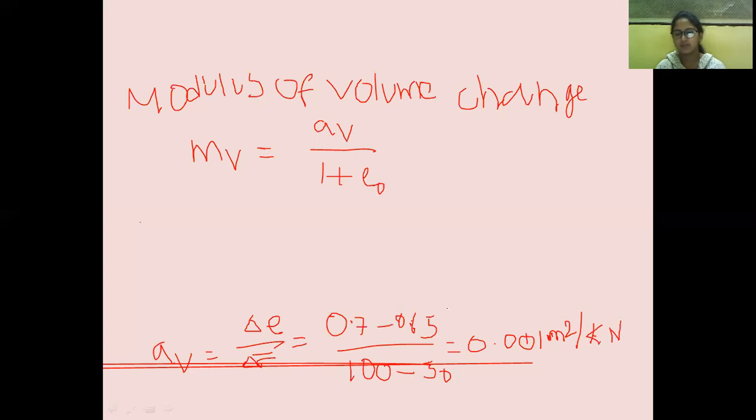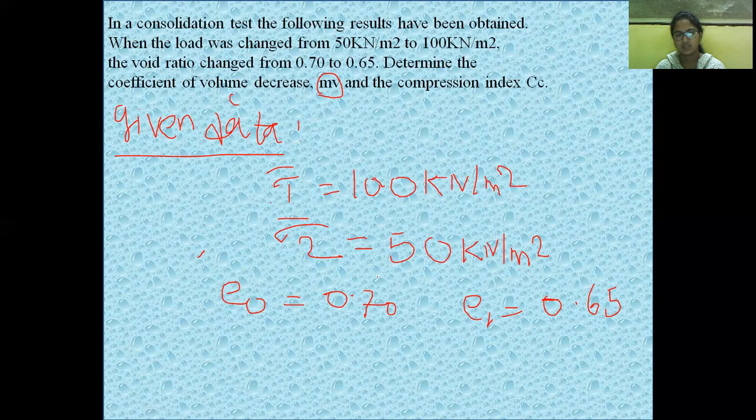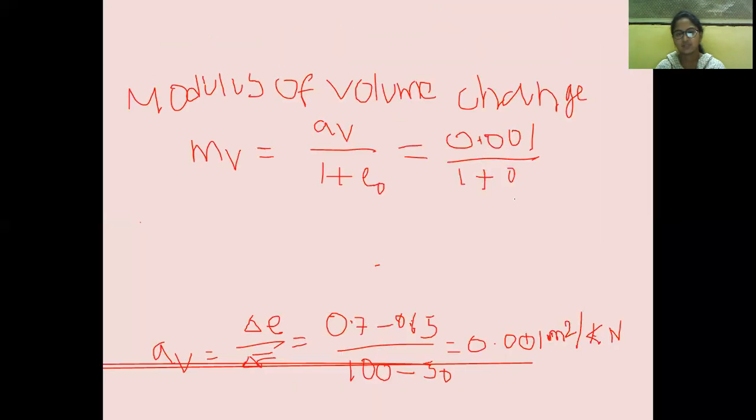So this value will be substituted in the modulus of volume change. So finally we will get the mv value. mv is equal to 0.001 divided by 1 plus the initial void ratio, 0.7, that is 1.70. That value will be substituted here.